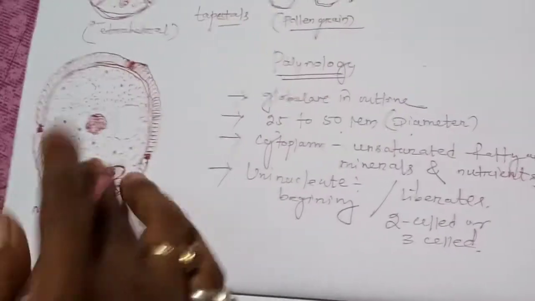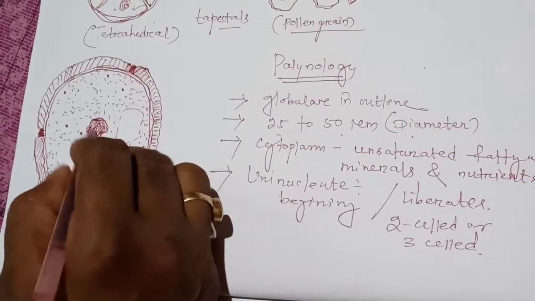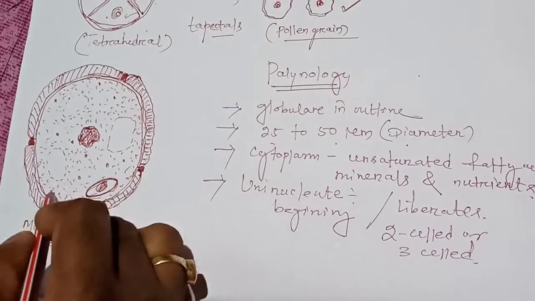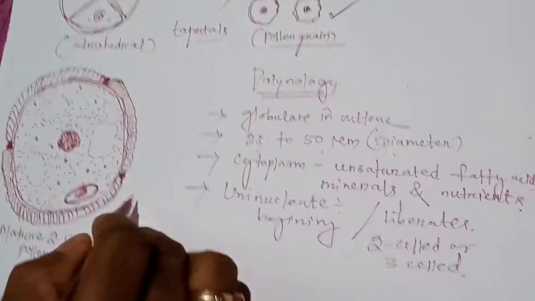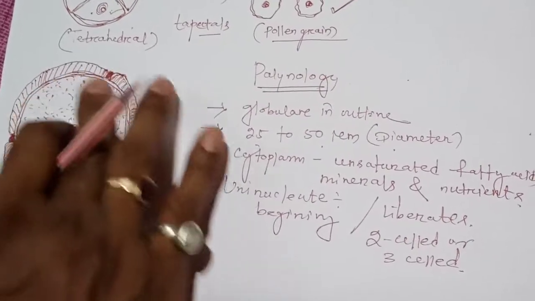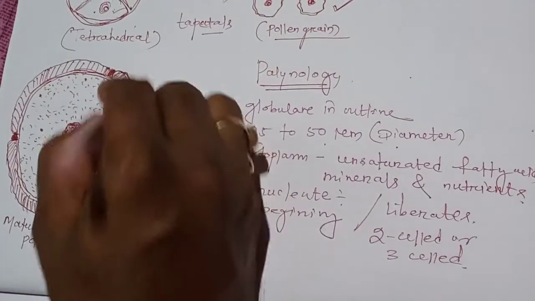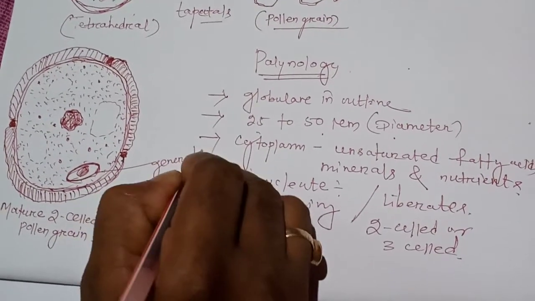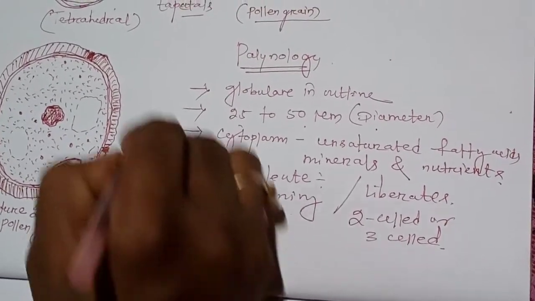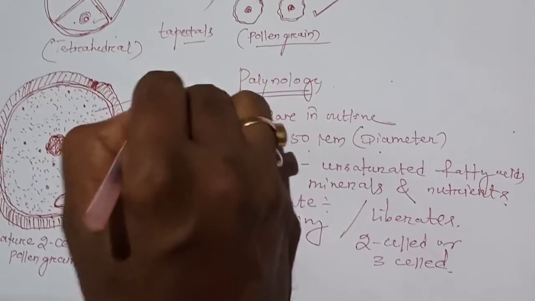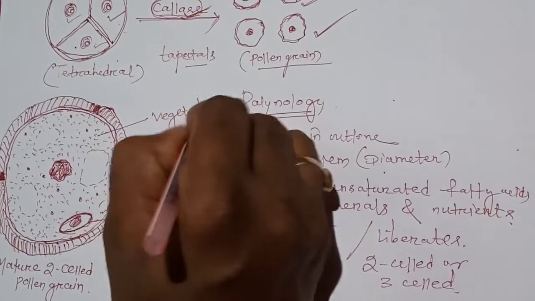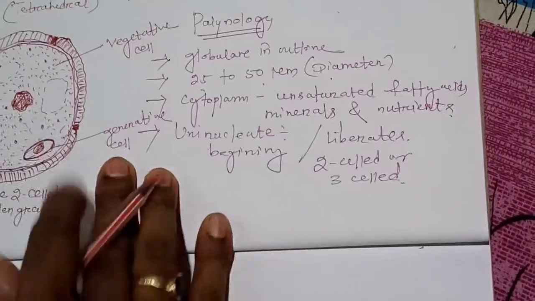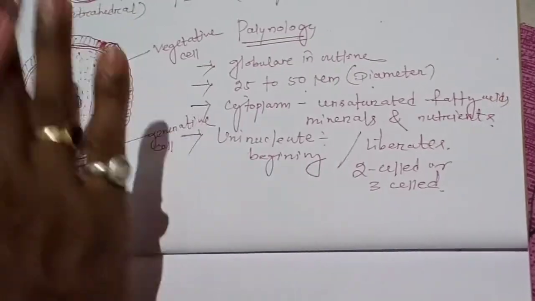Because at the time of liberation, the protoplast divides mitotically to form a larger vegetative cell and a smaller generative cell. This is the diagram of a pollen grain, and this is the generative cell, and this, the larger cell, is the vegetative cell.